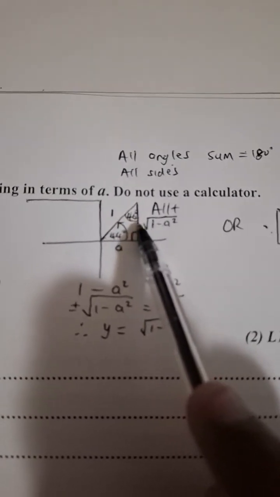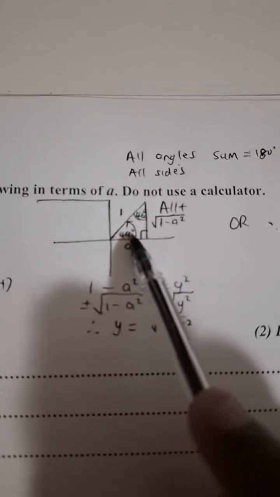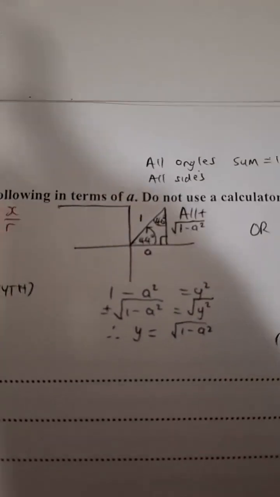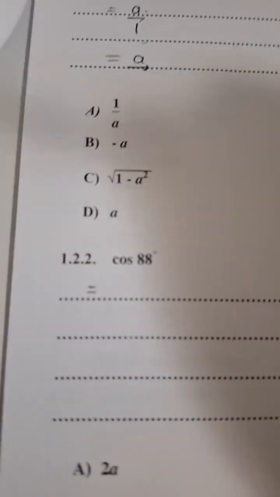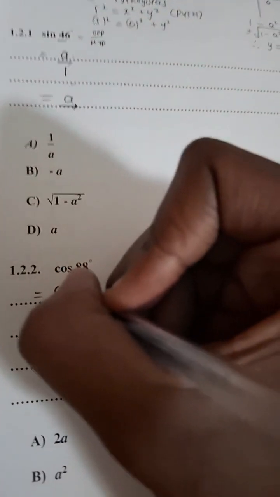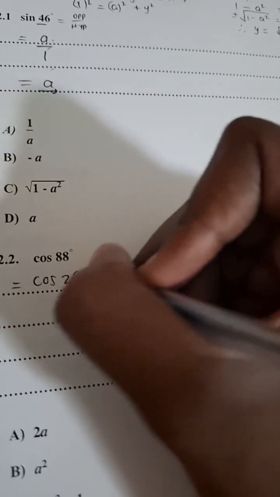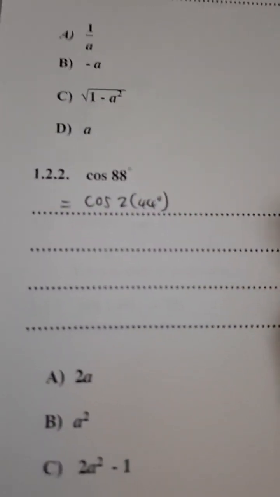Okay, no I don't. But do I have something that should help me out given my understanding of my grade 12 syllabus, compound or double angles? Cos 88. Can't we rewrite this as cos 2 times 44 degrees? Yes, I think we can.